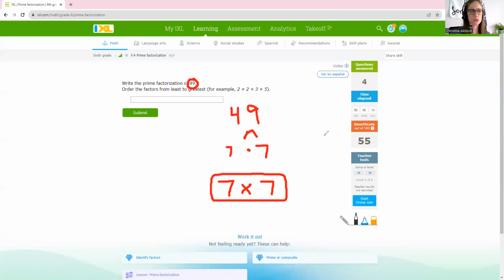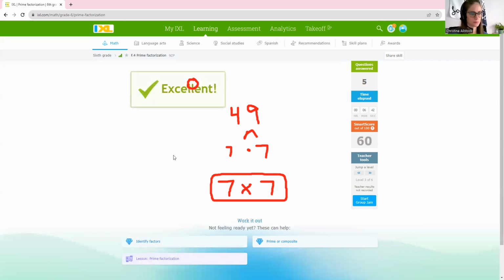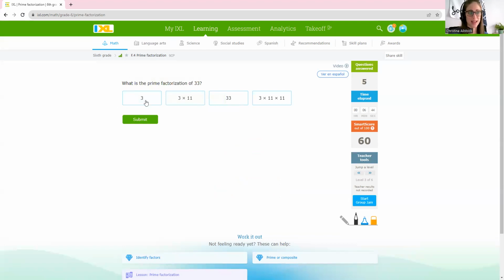Now, I do want to show you a little trick on the next problem, in case you get to a number that's larger and you're not quite sure of the numbers that multiply to equal it. If you're having a hard time thinking of that, I'll show you a strategy on the next one. I know sometimes as our numbers get larger, that can happen. And notice that I didn't even have to put any spaces there and it still counted as correct.